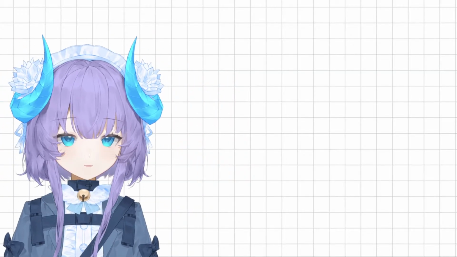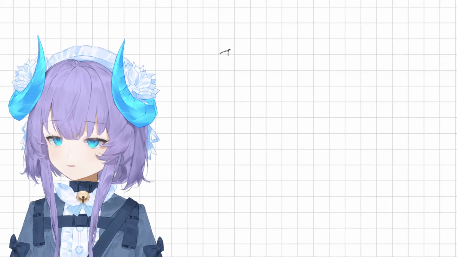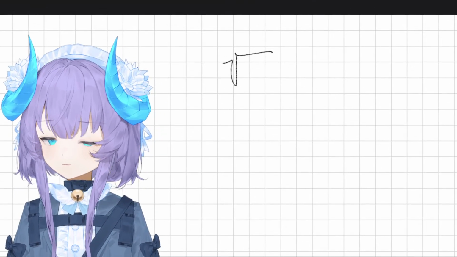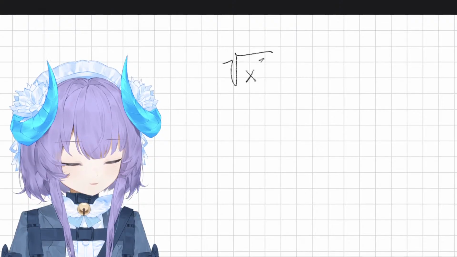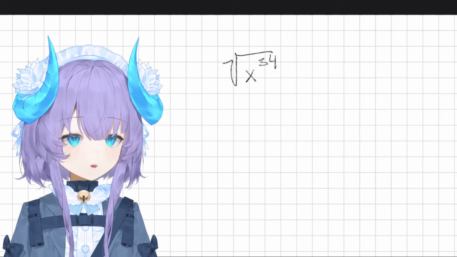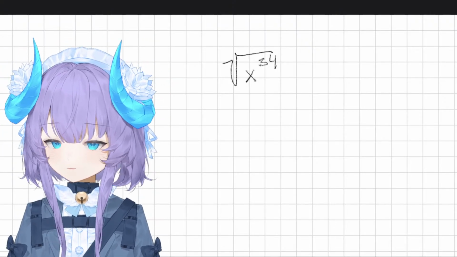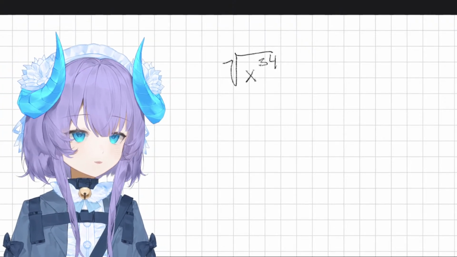Alright, you guys ready for some math? So, first question we've got here is x to the 34th power, and we've got to simplify. How are we going to do this?